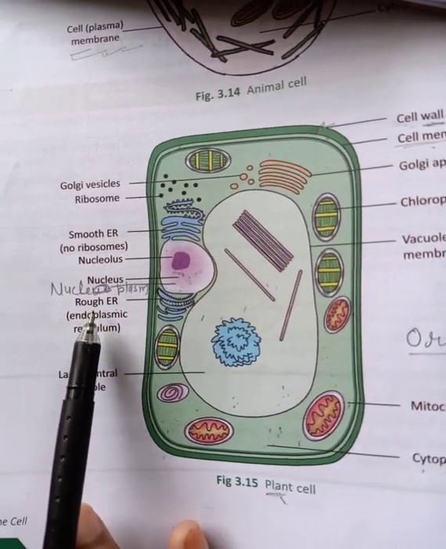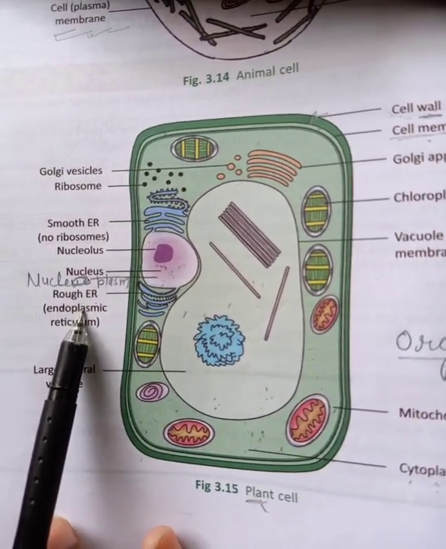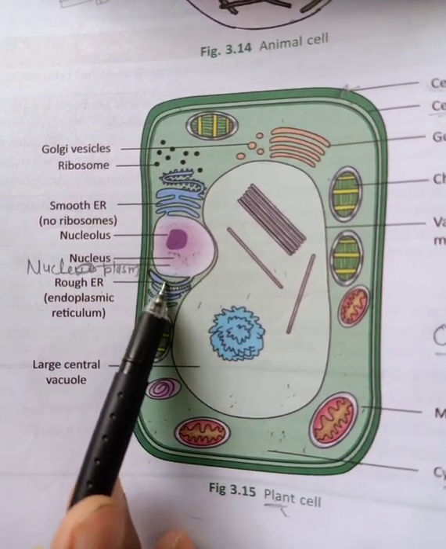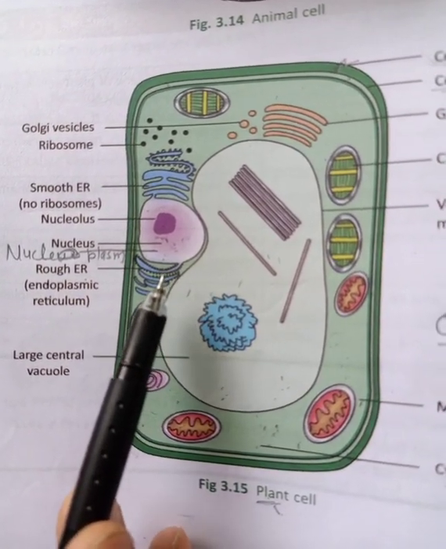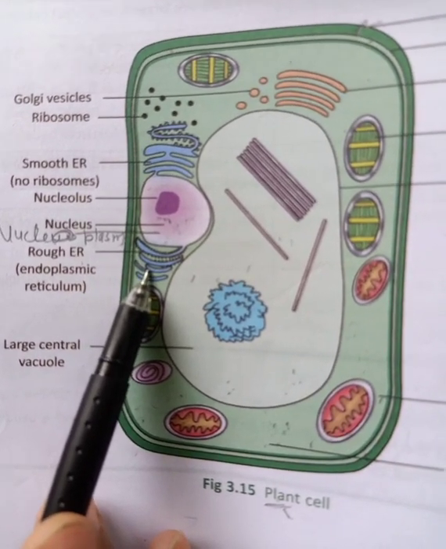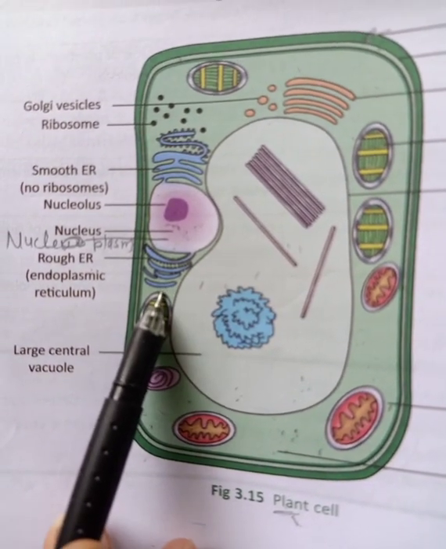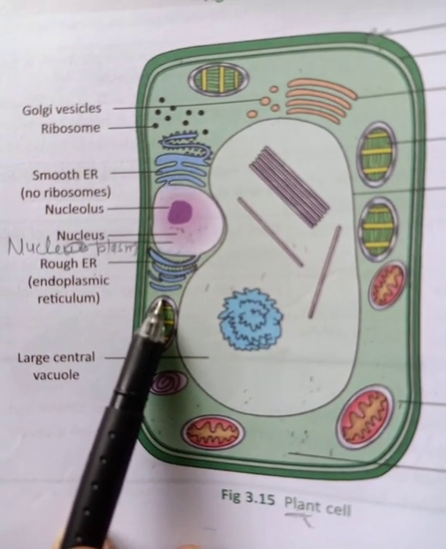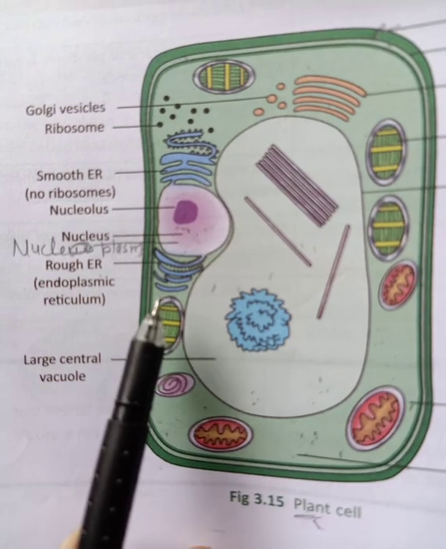And these are tubule-like structures, so they serve as a pathway for the distribution of material inside the cell.